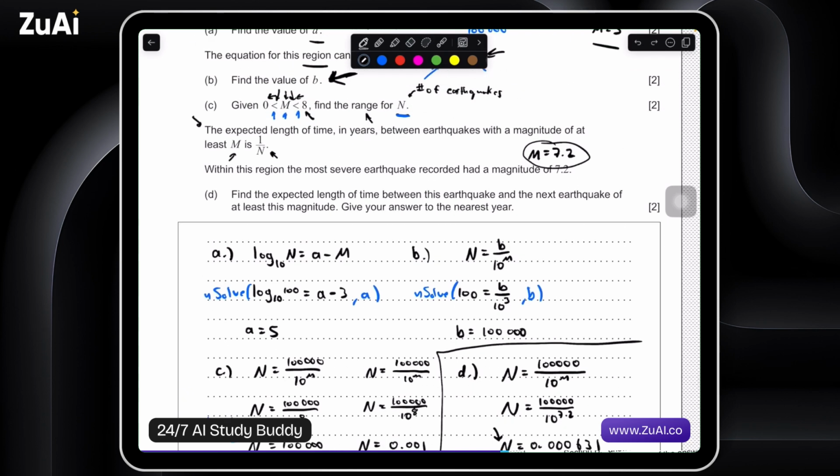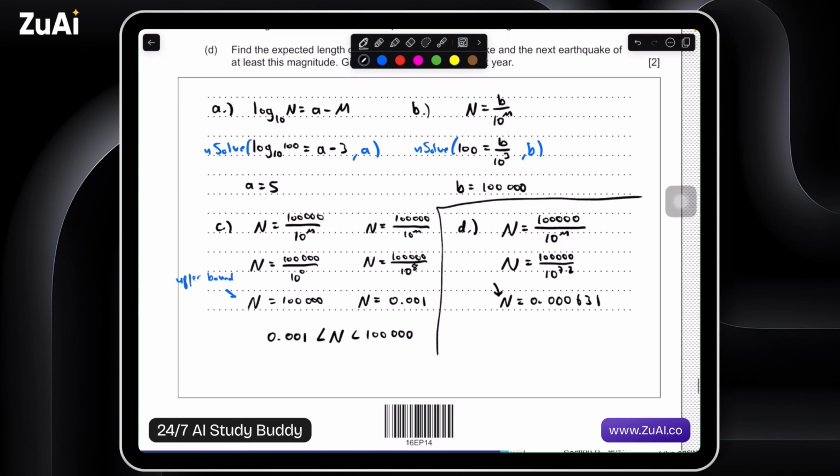The expected length of time in years between earthquakes of at least magnitude m is equal to 1 over n. So we found out what n is equal to, and that means 1 over this value of 0.000631. We would expect not even one earthquake of this magnitude every year.